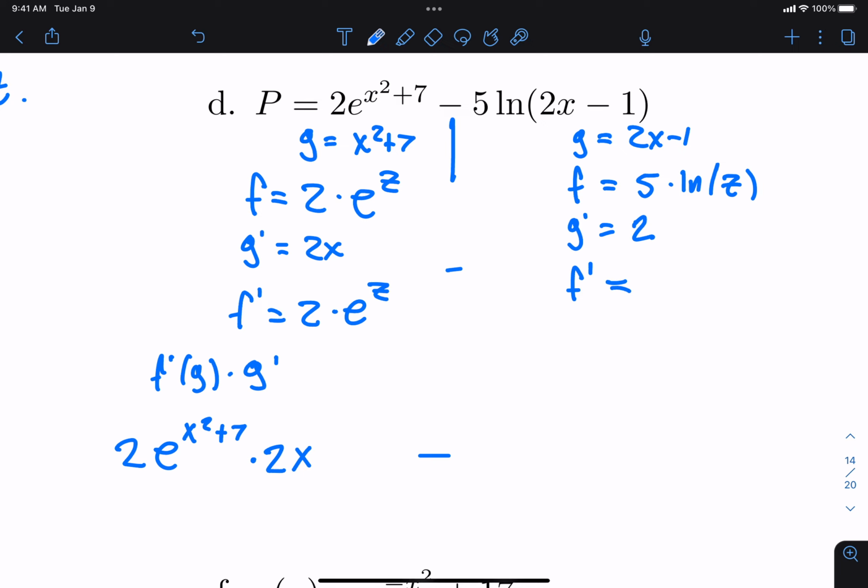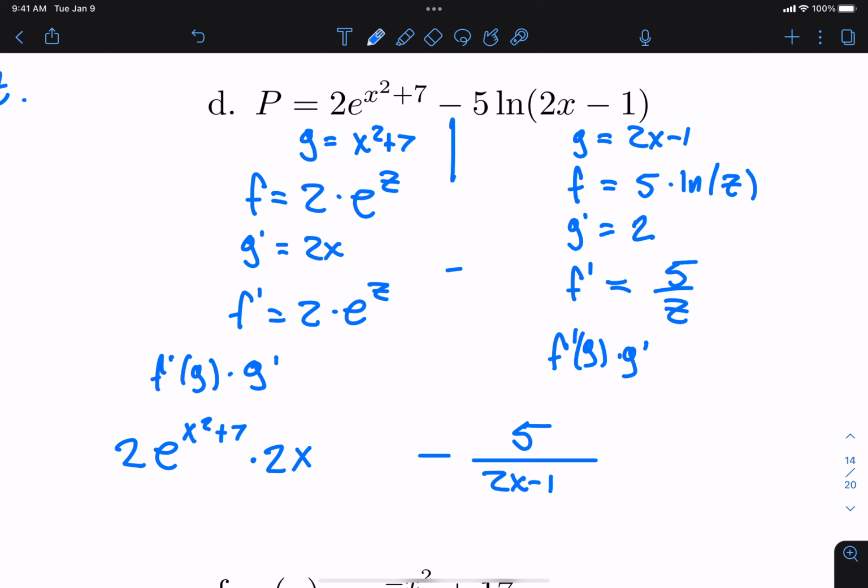Uh-oh, do we remember the log rule? What is it? Yeah, 5 over z. Good. So now we need, again, to do f prime of g times g prime, which is 5 divided by 2x minus 1, and then you multiply by 2. Okay?